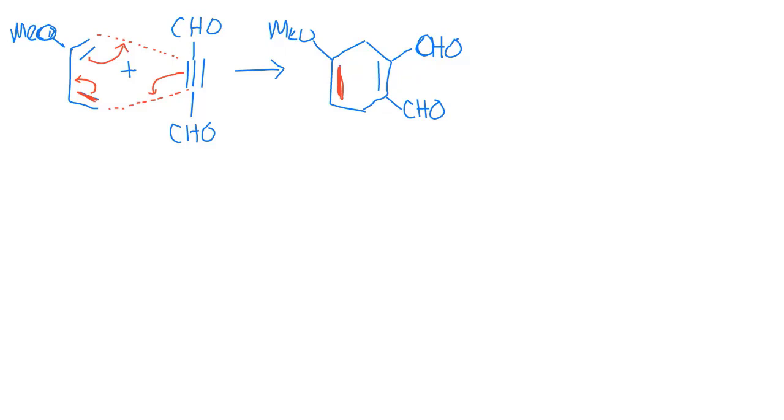Now, in this case, because this is a trigonal planar structure, there's not going to be any wedges or dashes.